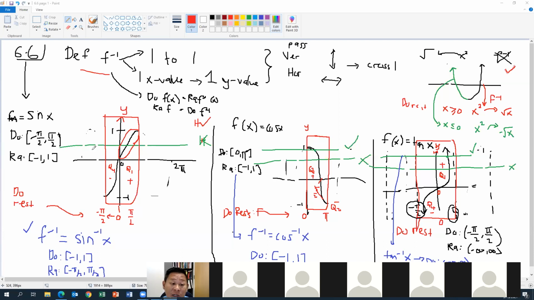That is the inverse function, and it only gives either quadrant 1 if the value is positive, or quadrant 4 for sine if the value is negative. Same thing with cosine: 1 is positive, 2 is negative, and 1 and 4 for tangent. That means that when you do the inverse tangent of a negative value, you will get a negative angle between 0 and negative pi over 2. So this is pretty much fixed, and we don't change it.